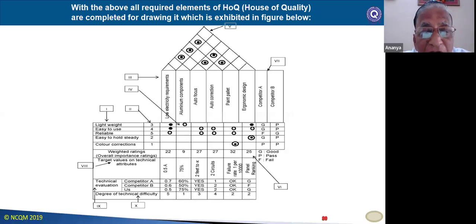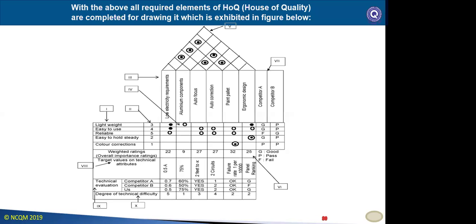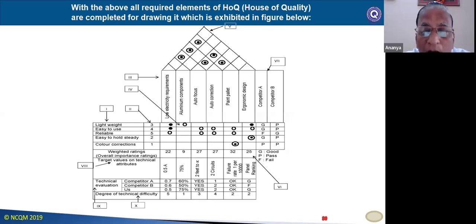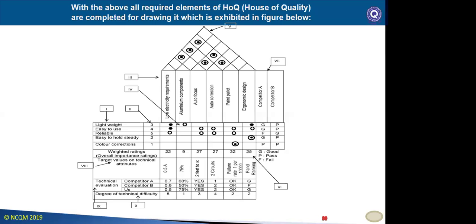Next, any other thing? Let us check that. The other thing is lightweight and the third, autofocus. They are not related, so there is no relationship shown there. It is blank. Correct. Next, autofocus and auto correction: no relation.